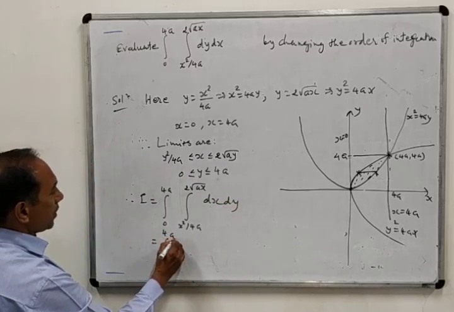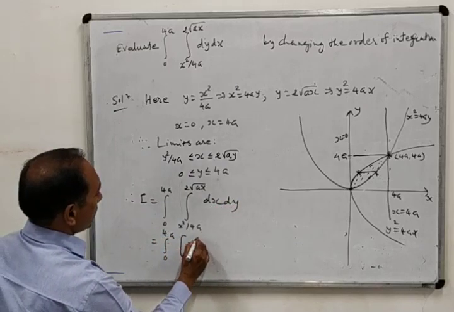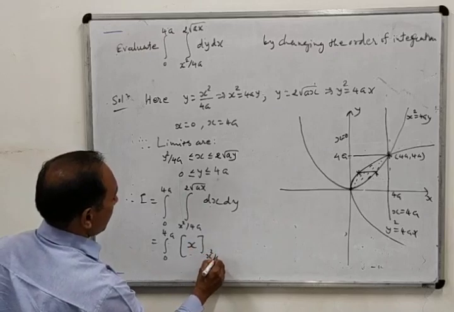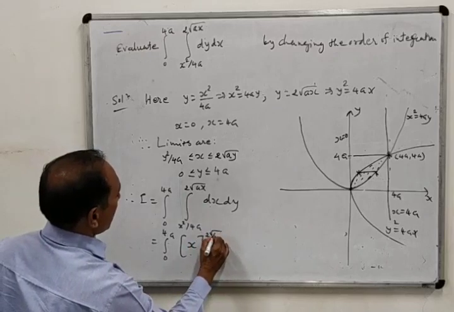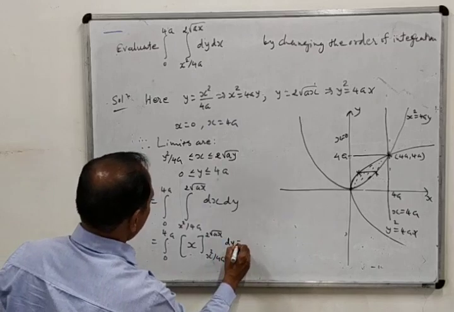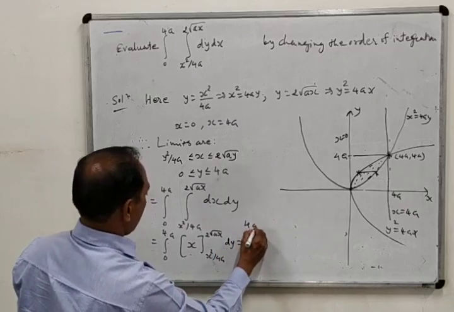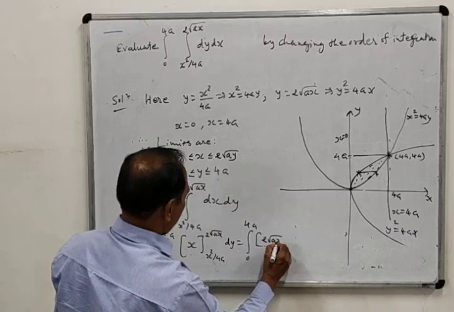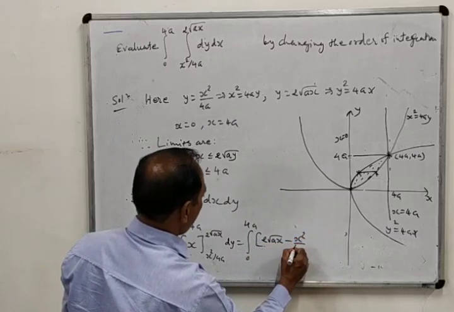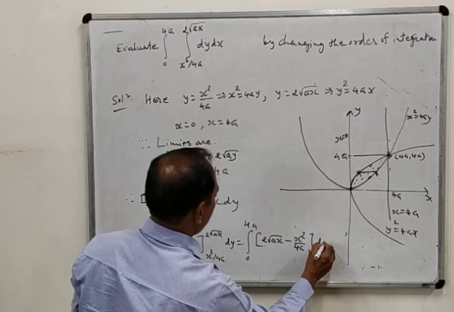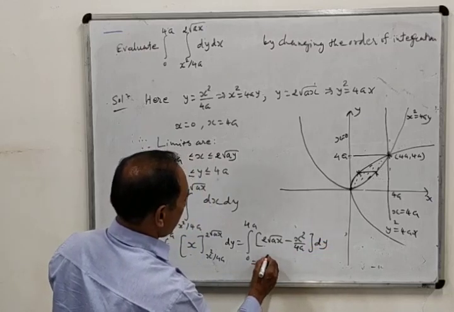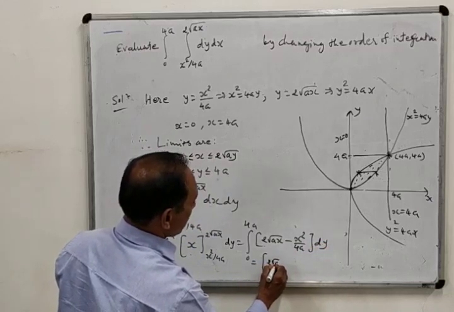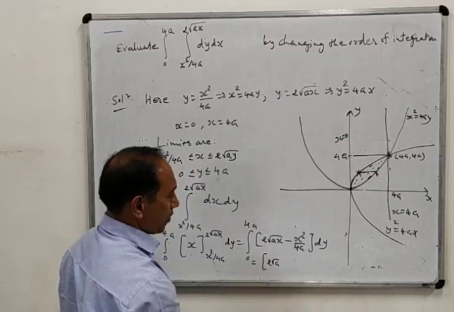So now the integration is very easy. 0 to 4a, here it is the integration of x, from x square upon 4a to 2 root ax dy. So it is 0 to 4a. Here if we put in the limits, 2 root ax minus x square upon 4a dy. And this integration is very easy. 2 root a is constant. So it is square root of x.